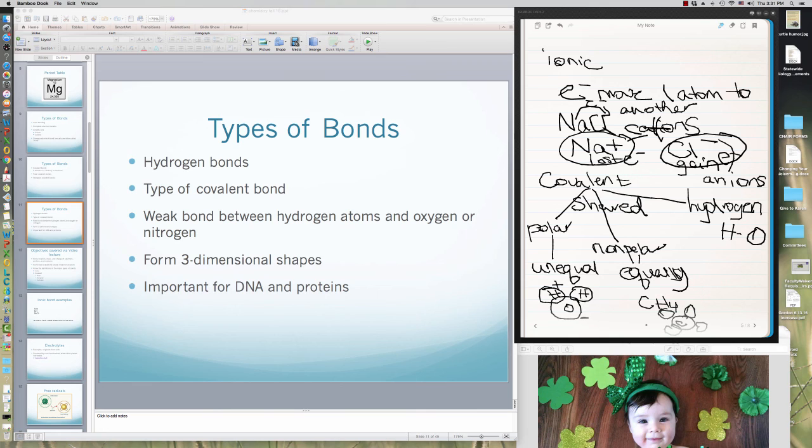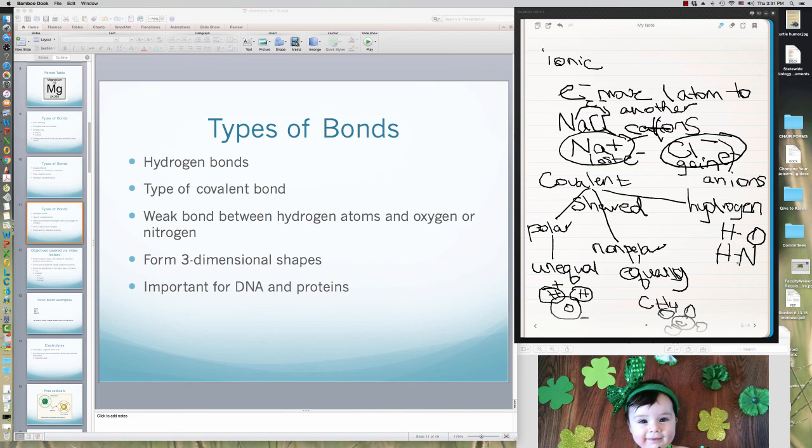So within this molecule there are 2 hydrogen bonds. Or a bond between hydrogen and nitrogen, that is a hydrogen bond. And hydrogen bonds, you'll find as we go through, are important because they help to form 3-dimensional structures, and that 3-dimensional structure is often necessary for molecules to perform a function.